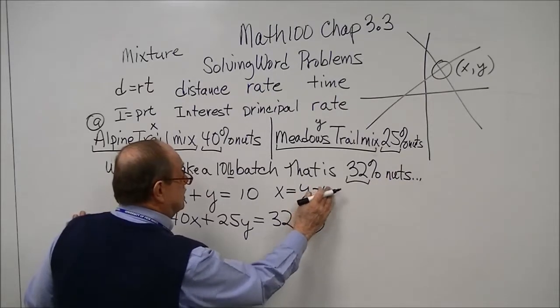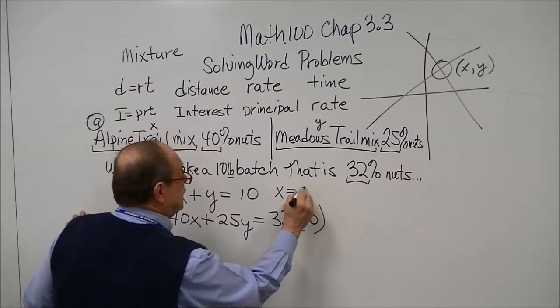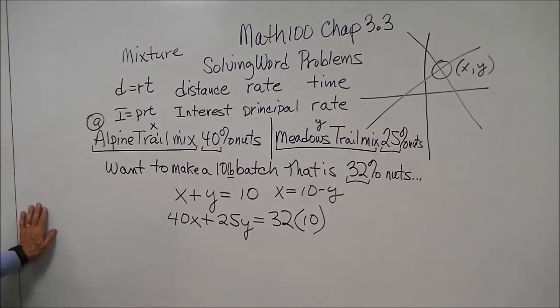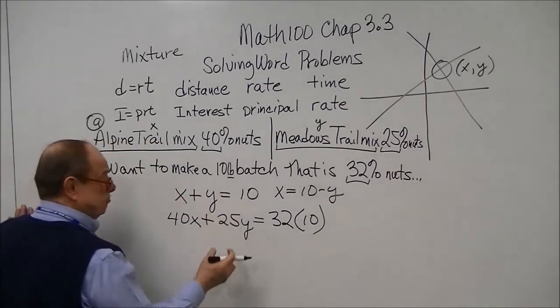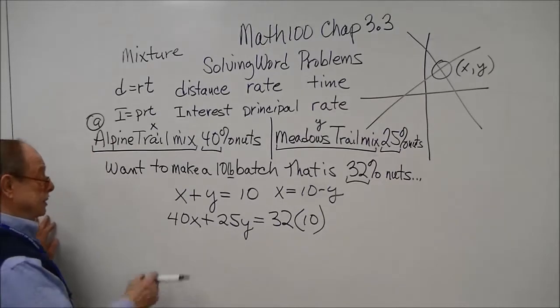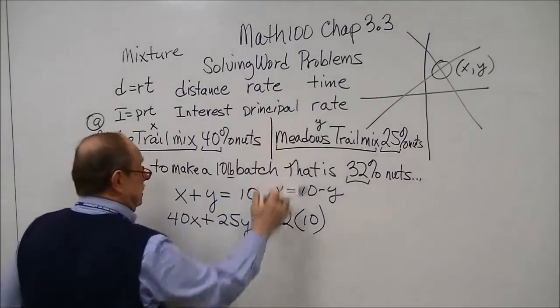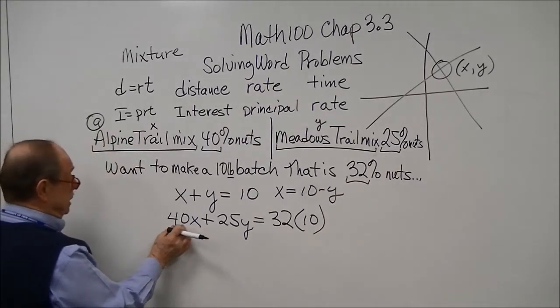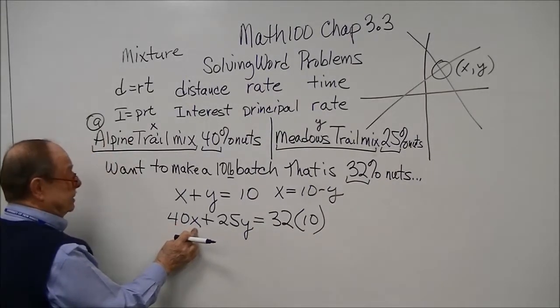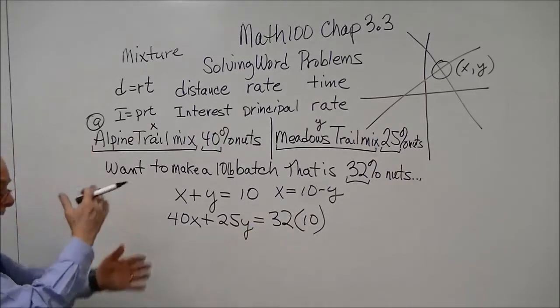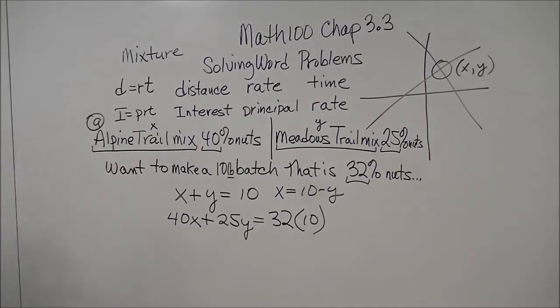Let me see, it's going to be 10 minus x. There we go. Now, could you have used the other letter? Absolutely. But you remember, you have to define which mixture you're dealing with. And you do so by putting the 40% with the X, 25% with the Y. And then the algebra takes over.